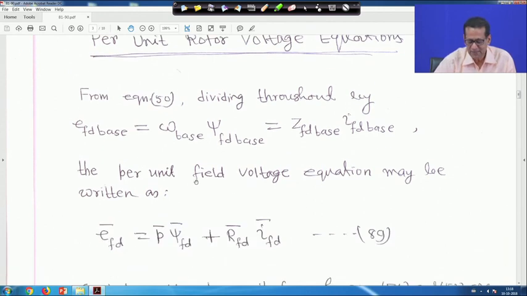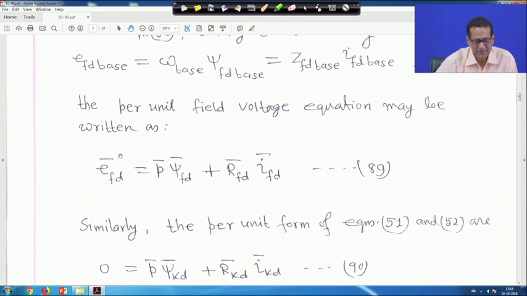So the per unit field voltage equation may be written by dividing both sides by EFD base, and the other terms by omega base psi FD base and ZFD base IFD base, the way we have done it for the stator. Then you will get EFD bar is equal to P bar psi FD bar plus RFD bar IFD bar. This is equation 89.